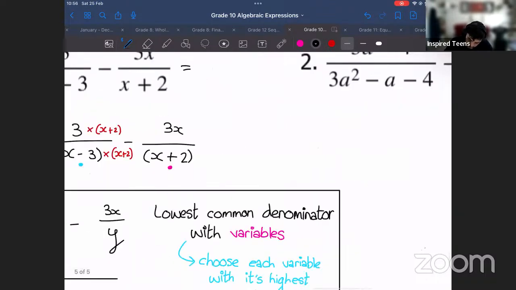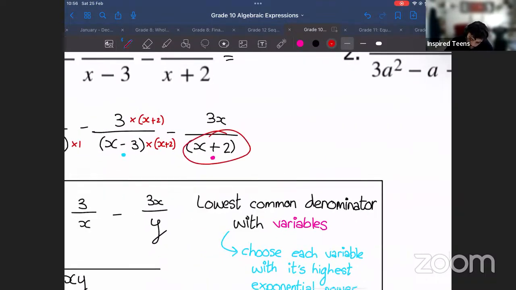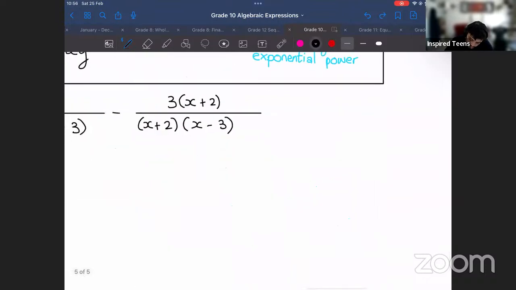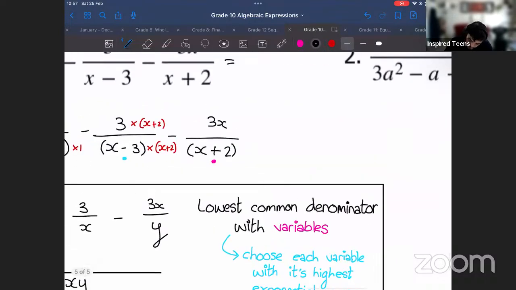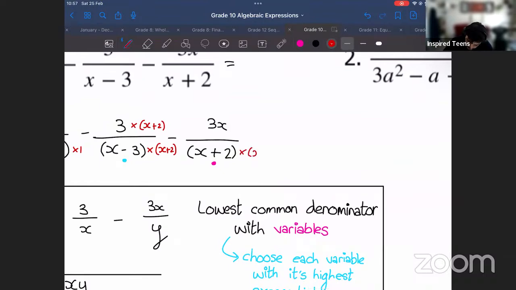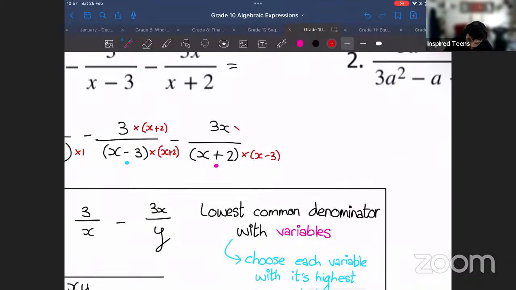And then let's look at our last one. How did I go from x plus 2 to a lowest common denominator of x plus 2, x minus 3? Okay, I actually multiplied it by x minus 3. It's basically like what's missing from that denominator compared to the lowest common denominator.